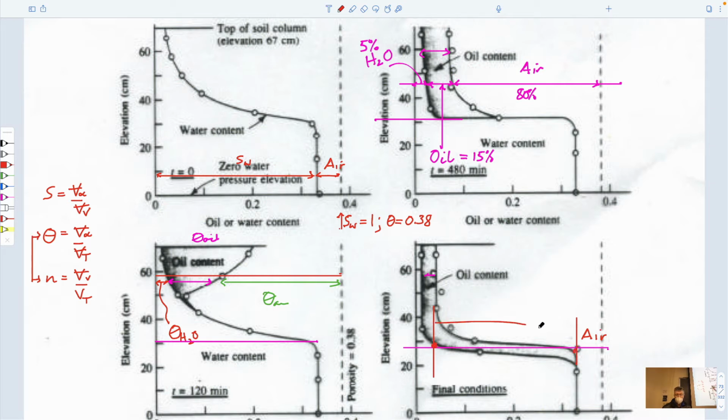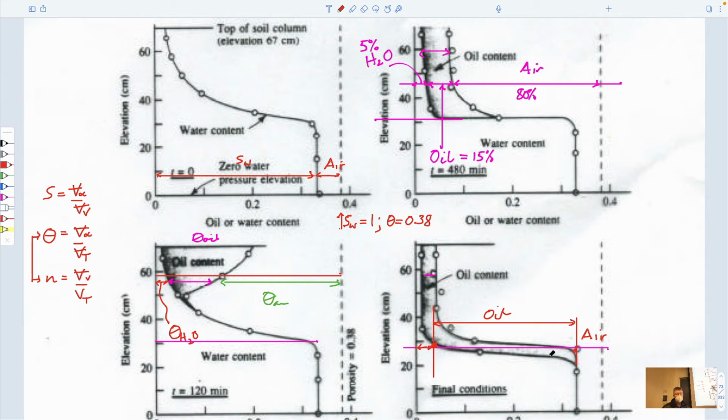This would be water. Sorry, this would be oil, not oil. And this would be water. And so you see that it's gone on this point here. Maybe it's 80% oil, maybe it's 7.5% water and 7.5%, well, I guess it'd be 10% of each roughly, slightly more air.